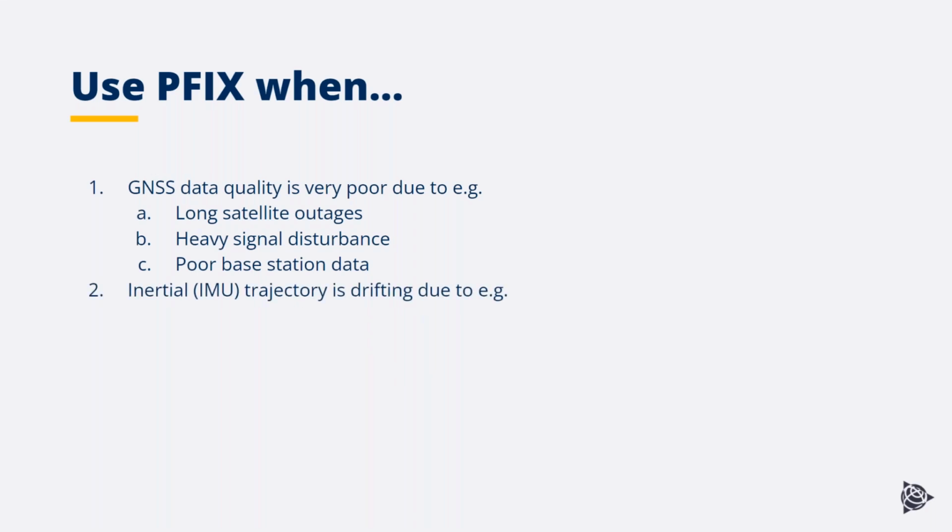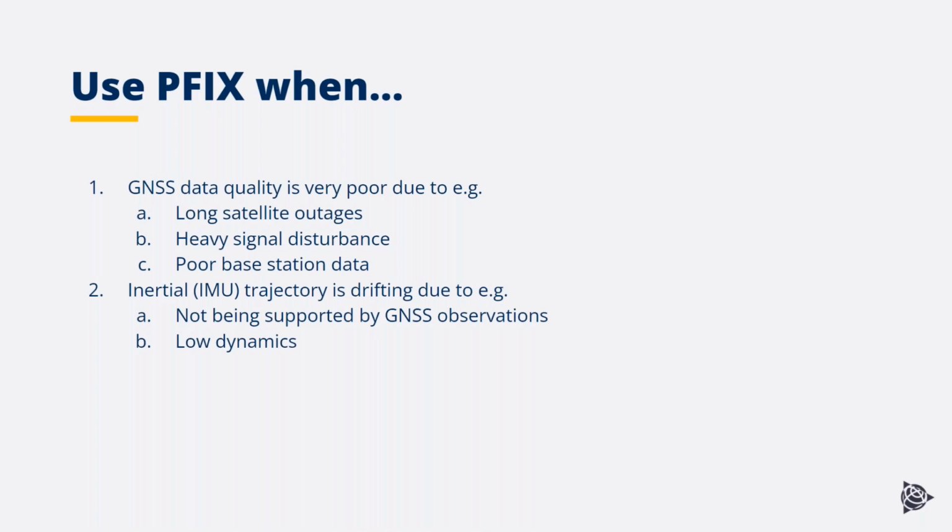Secondly, your inertial IMU trajectory might be drifting. It might be drifting due to the above, so it's not being supported by GNSS observations. IMU has a tendency to drift if we don't have GNSS data, so that's basically usually connected to the above. It could also be drifting because there's low dynamics.